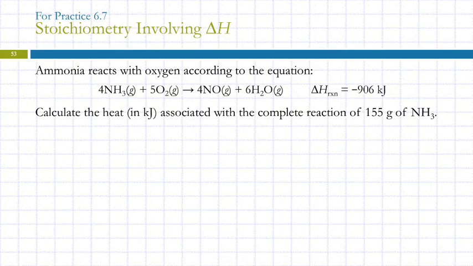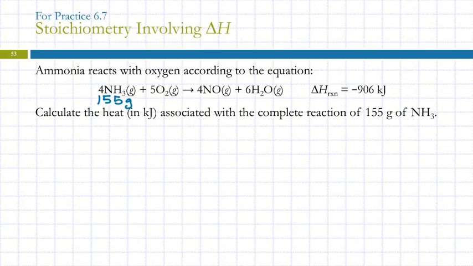So let's apply that. Ammonia reacts with oxygen according to this equation. Calculate the heat in kilojoules associated with the complete reaction of 155 grams of ammonia. Well, we're told that there's 155 grams of ammonia. This ends up being a stoichiometry calculation, but we don't have moles in the middle.